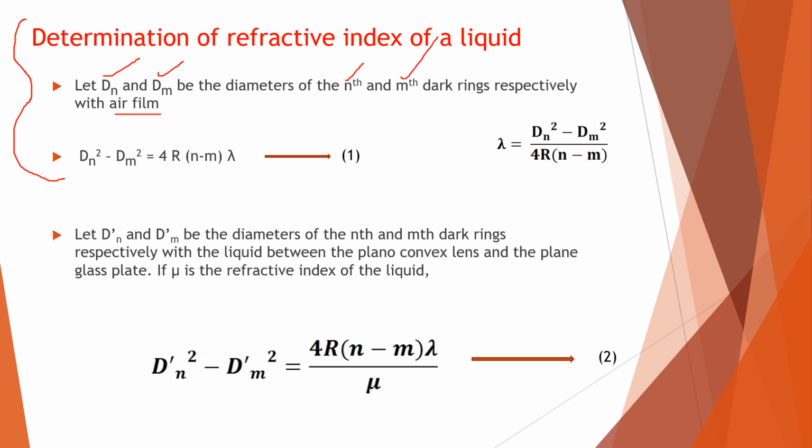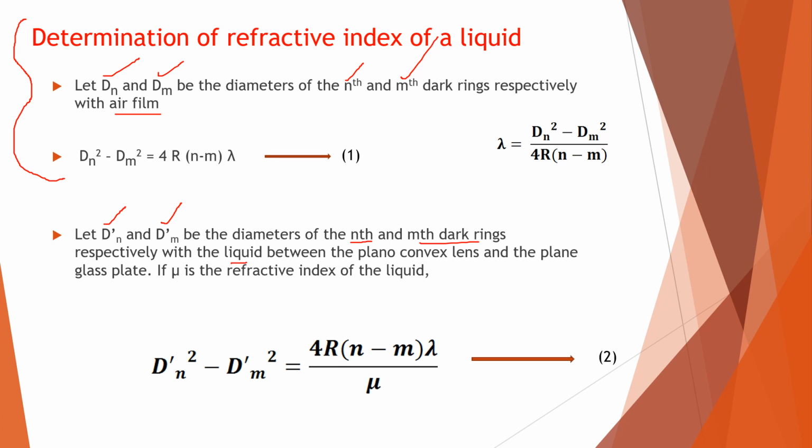Now you know that the diameters will decrease, and let Dn dash and Dm dash be the diameters of those same rings, that is nth and mth rings, with a liquid film between the planar convex lens and the glass plate.